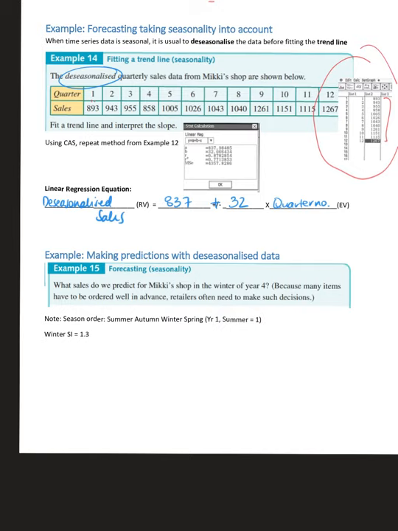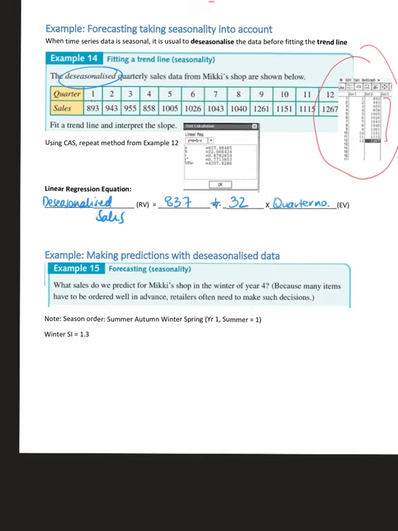Okay, so the next example, 15, for forecasting: what sales do we predict for Mickey's shop in the winter of year 4? Because many items have to be ordered well in advance and retailers often have to make such decisions.